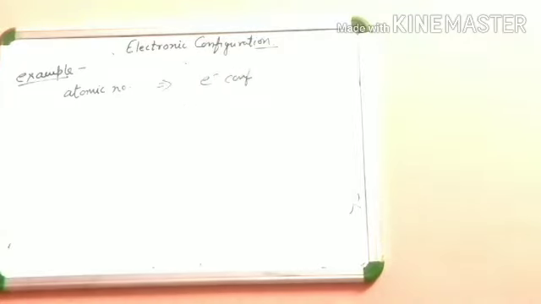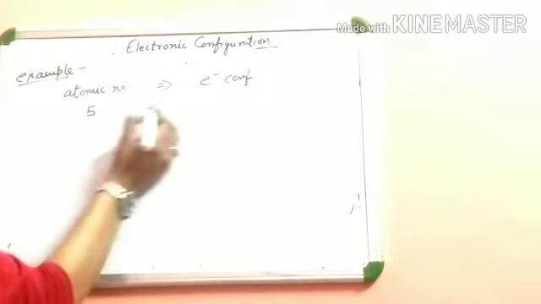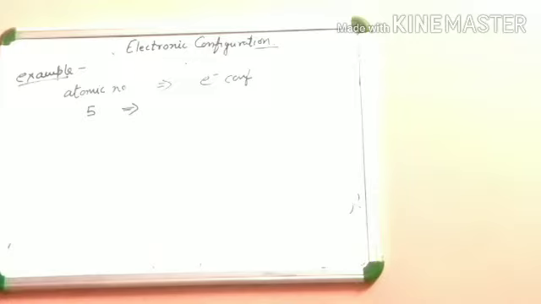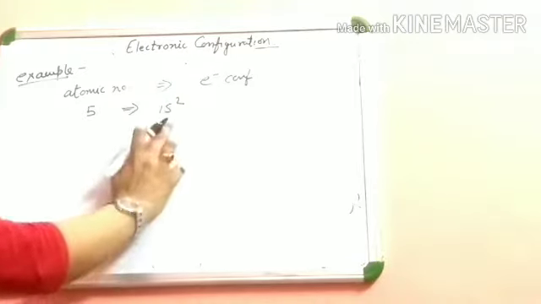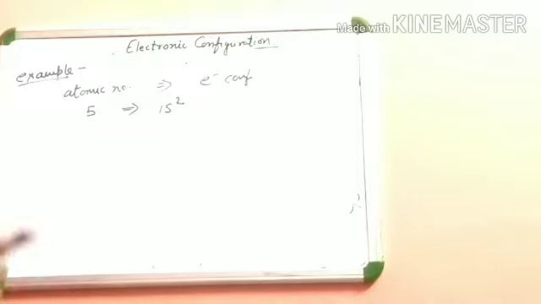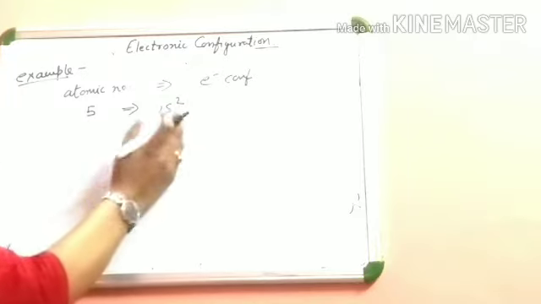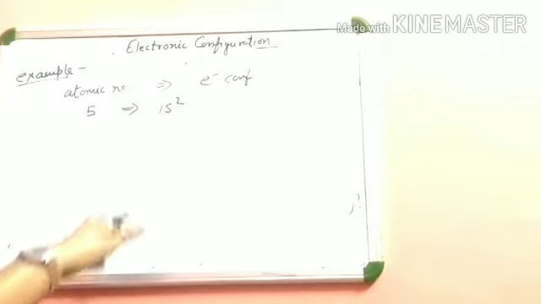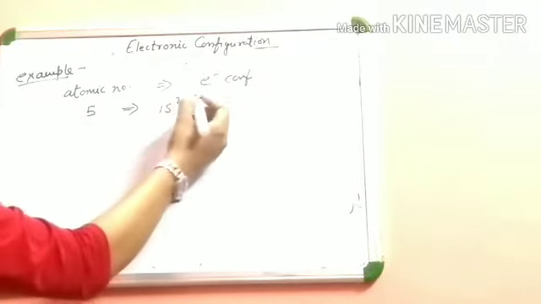Suppose the atomic number is 5, then the electronic configuration will start with 1s2. 1s has only a single orbital and it can hold a maximum of 2 electrons. So here, of 5 electrons, 2 electrons come in the lowest energy orbital, 1s2.